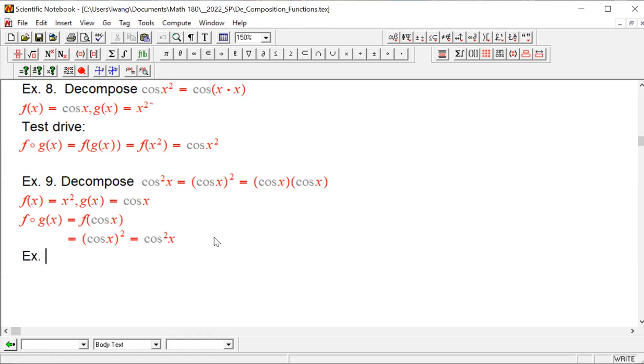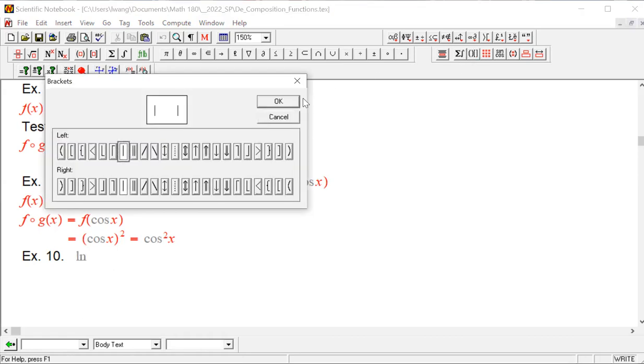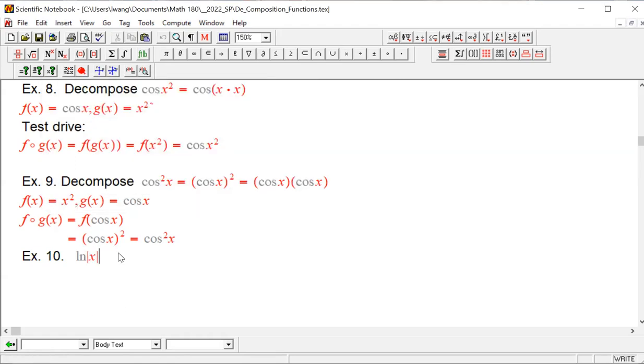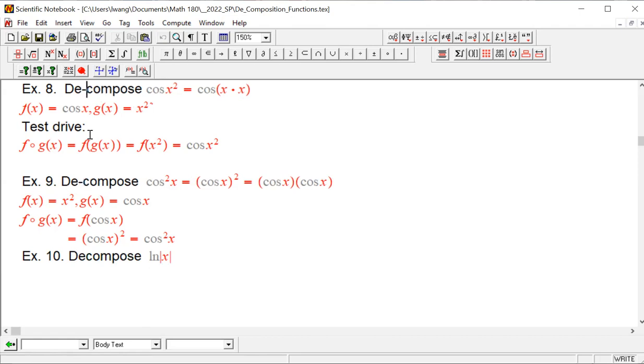So let's look at example number 10. We have ln of the absolute value of x. How do we break it? How do we decompose this piece? Decompose, do we have such a word?